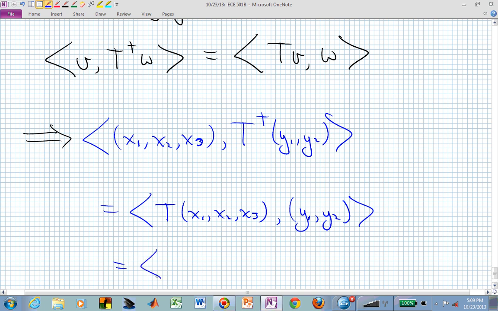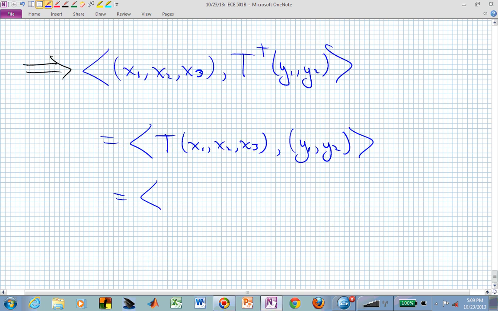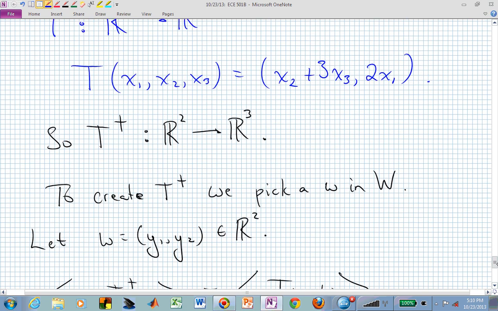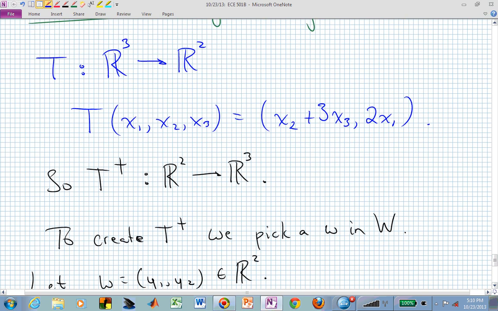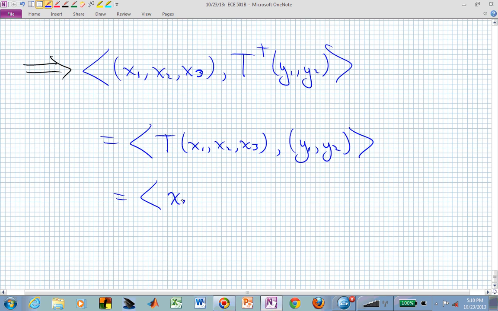But this linear map of V, we know what that is. That should take us into a 2 space, shouldn't it? T of x1, x2, x3 is this guy. The first coordinate is x2 plus 3x sub 3. And the second component was 2x1.